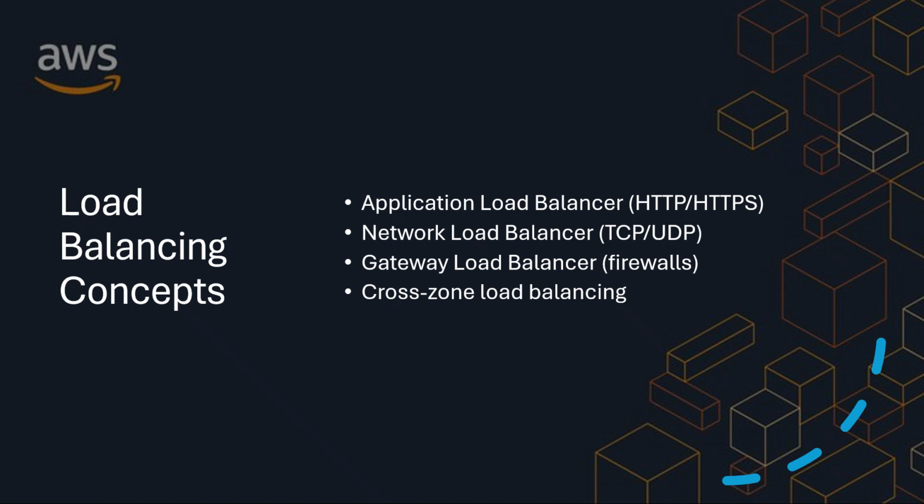Network Load Balancer offers ultra low latency with the ability to handle millions of connections per second, which is perfect for streaming or gaming workloads. Gateway Load Balancer integrates third-party firewalls and inspection systems at scale. Enabling cross-zone load balancing ensures that the traffic is evenly distributed across all availability zones, improving resilience and performance.